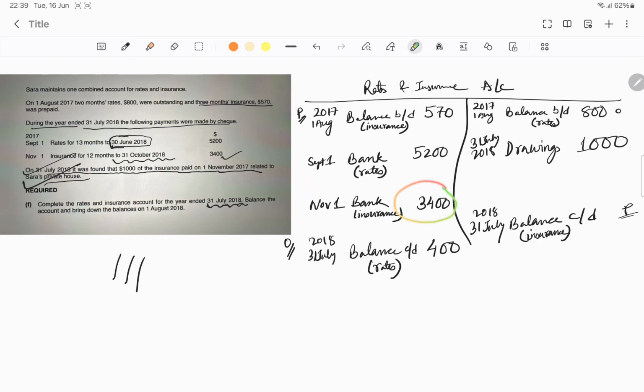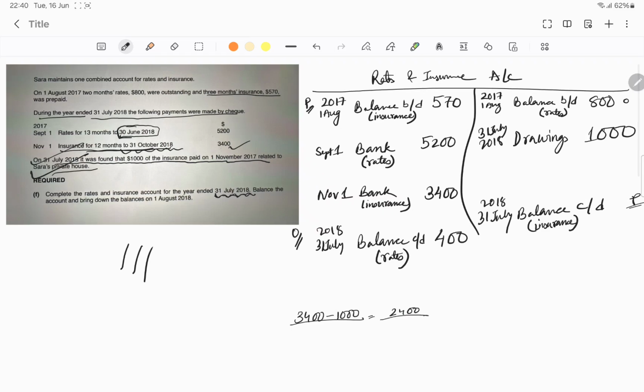It was 3400, and 1000 for drawings has been removed, so the net amount paid is 2400, for 12 months.